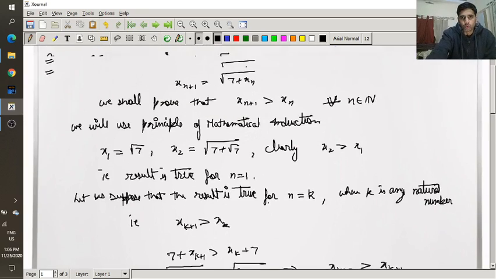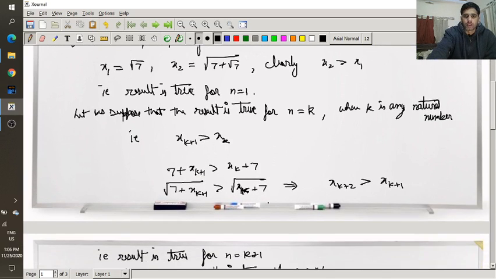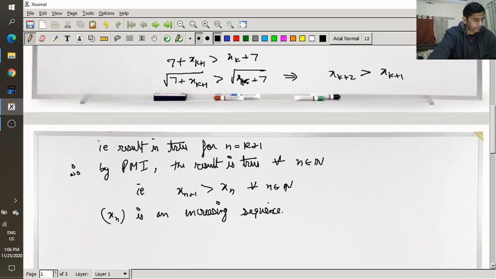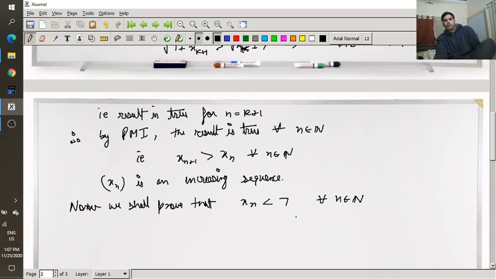Now in order to prove that it is convergent, we just need to prove that it is a bounded above sequence. Now we shall prove that xn is strictly less than 7 for all n belonging to natural numbers. Again, we will use the principle of mathematical induction.